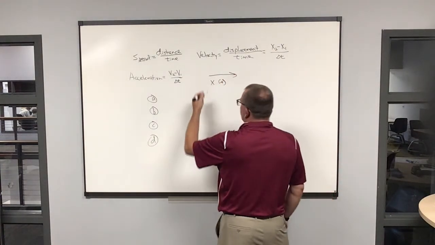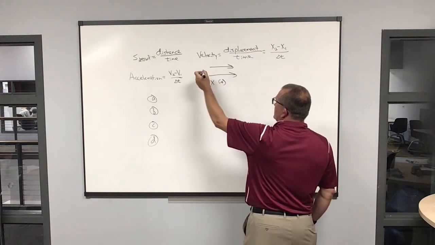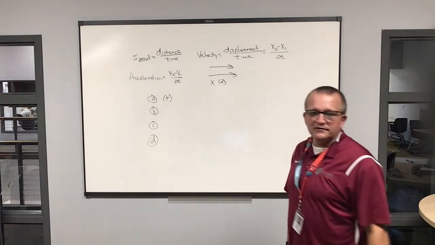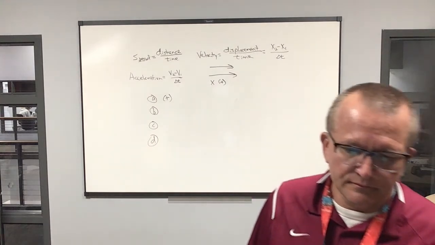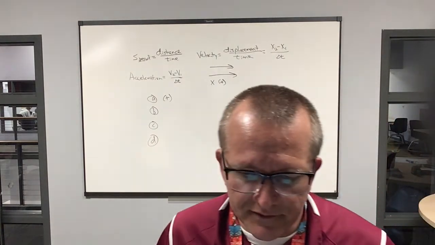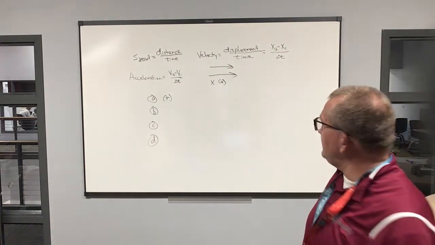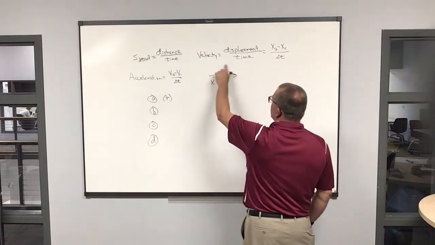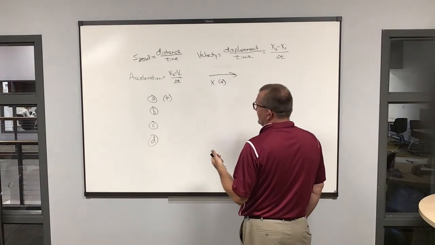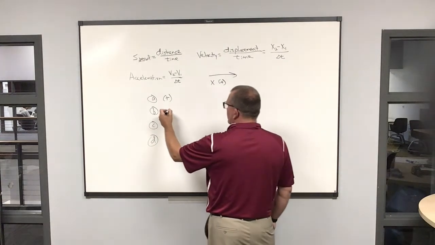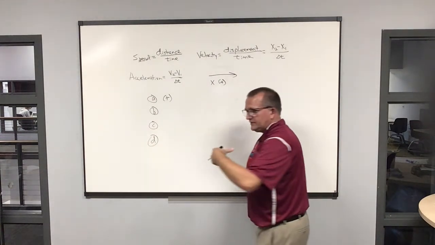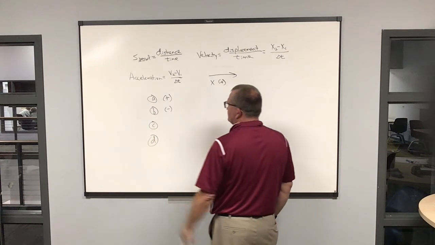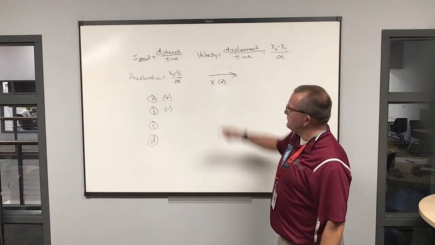So that means our acceleration is going to go in the same direction, which means our acceleration will be positive. It says B, decreasing speed. So we're moving in the positive x direction, but now our velocity is slowing down. So if our velocity is slowing down, our acceleration will go in the opposite direction, which in this case would be negative.